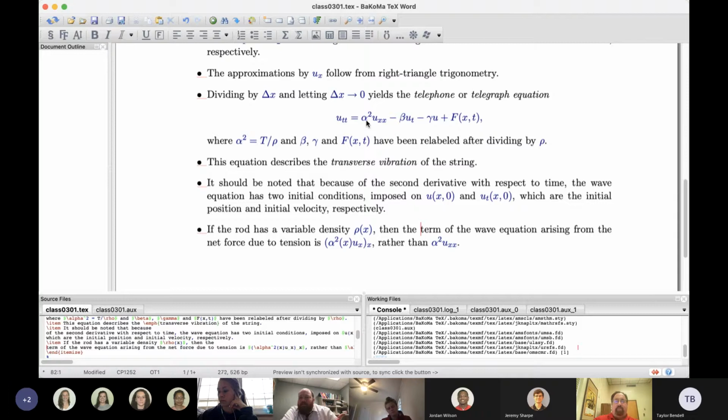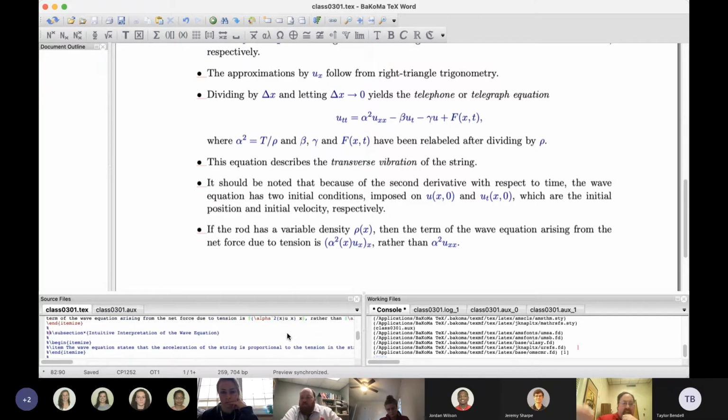Instead of alpha squared u_xx, it would be alpha squared u_x, and then take a derivative of all of that, with the alpha squared included. So if you have a variable coefficient wave equation, then it would change to this. We had the same thing for the heat equation. If you had a variable diffusion coefficient, that would be lumped in the outer differentiation too. That's just a byproduct of how the PDE is derived in both cases.